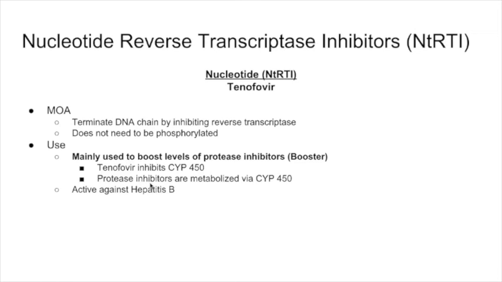So if you think about it this way, you have these CYP450 enzymes, and they go after the protease inhibitors and they degrade them. You give them tenofovir and you inhibit the CYP450. Now you're going to have more protease inhibitors that go after the HIV virus. So tenofovir is mainly used to boost levels. It's not really used as an antiretroviral. It's also active against hepatitis B, so it's a side note to be aware of.